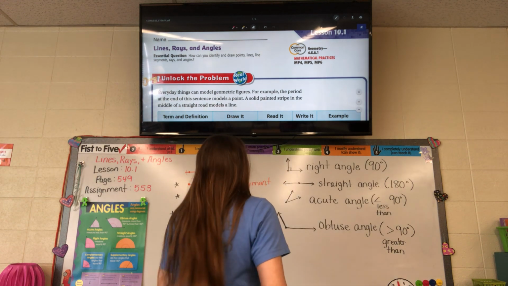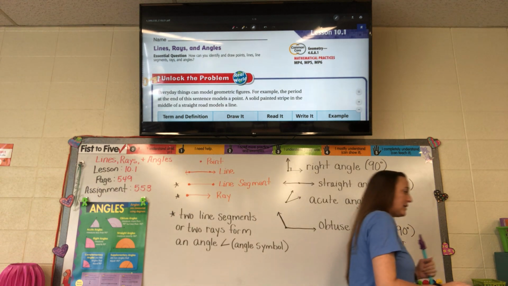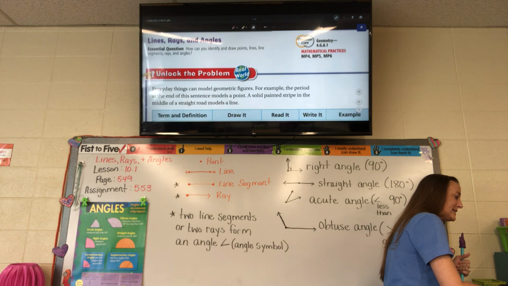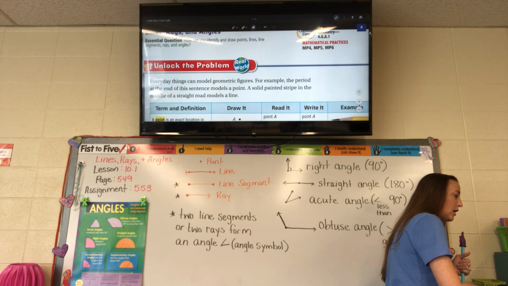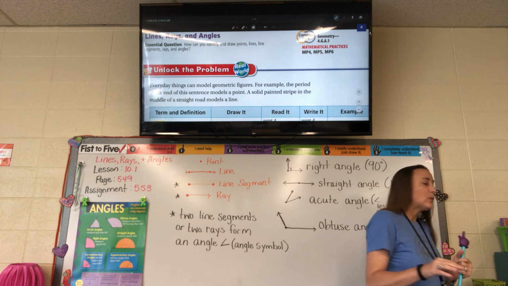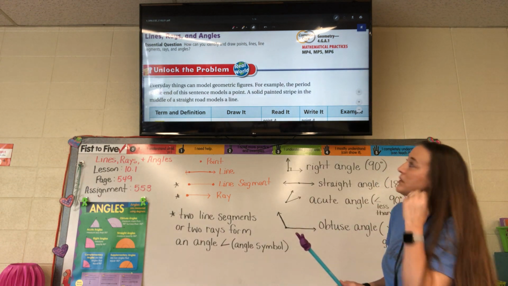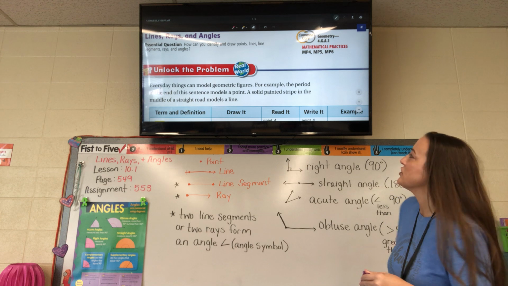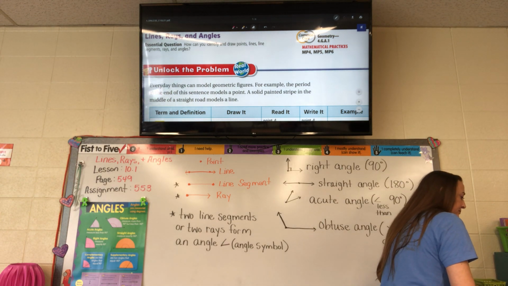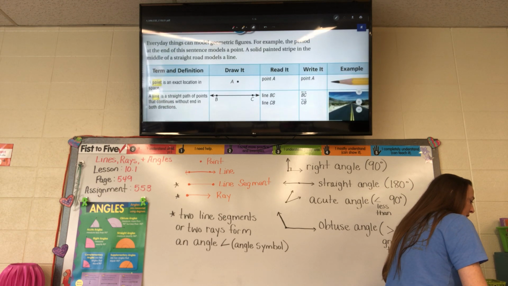Okay, so the essential question is, how can you identify and draw points, lines, line segments, rays, and angles? I'm hoping you can see this okay.